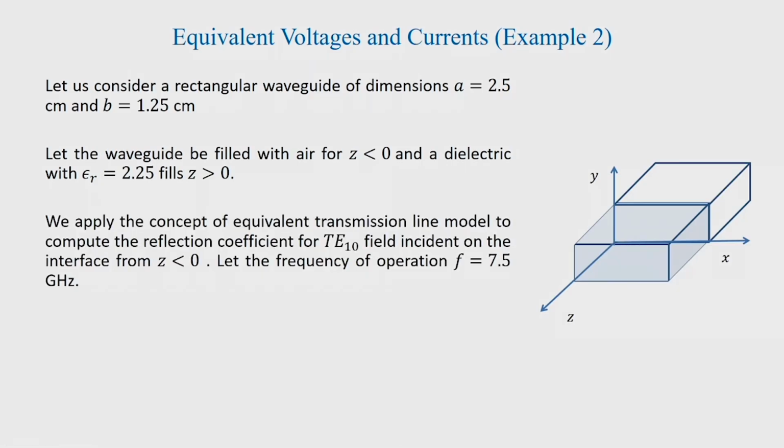Now, let us apply the concept of equivalent transmission line model to compute the reflection coefficient for the TE10 field incident on the interface from Z less than 0. That means we are assuming a wave is incident from this side, from the air filled waveguide, and part of this incident wave will get reflected because there will be a change in impedance here, and partly it will get transmitted.